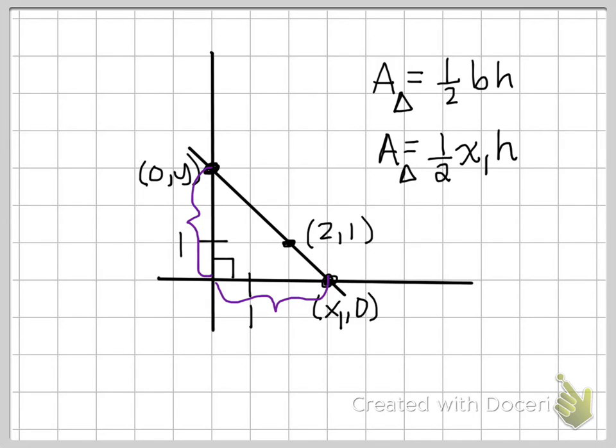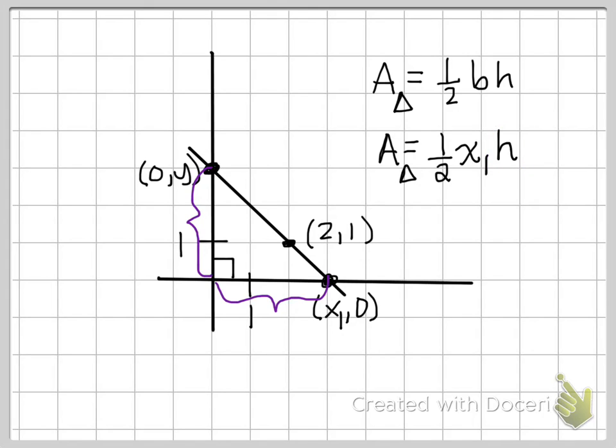What we need to do at this point, as an instruction, is find the area of the triangle in terms of x. So that would be an additional instruction here. So what to do now? I need to get this height h in terms of x.